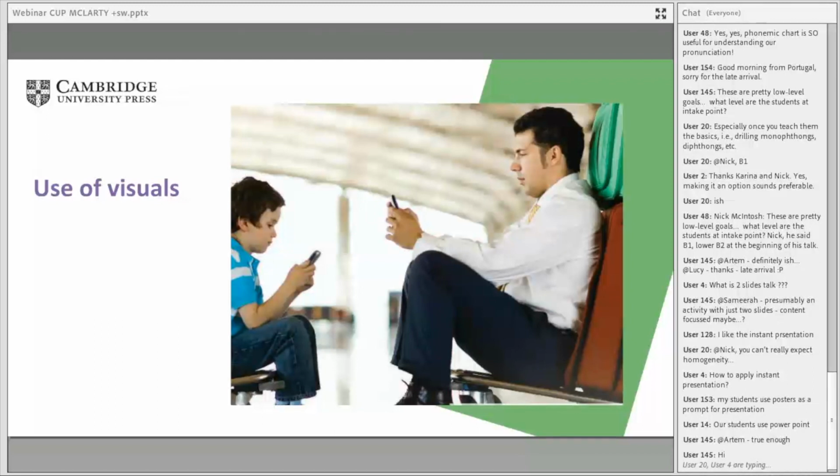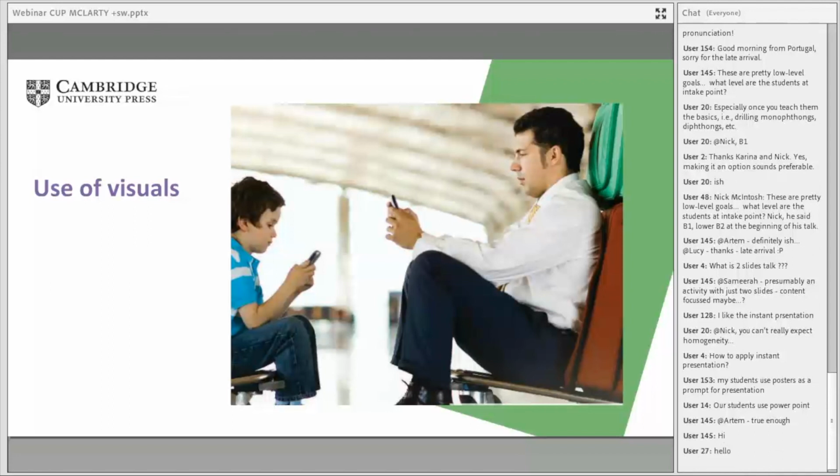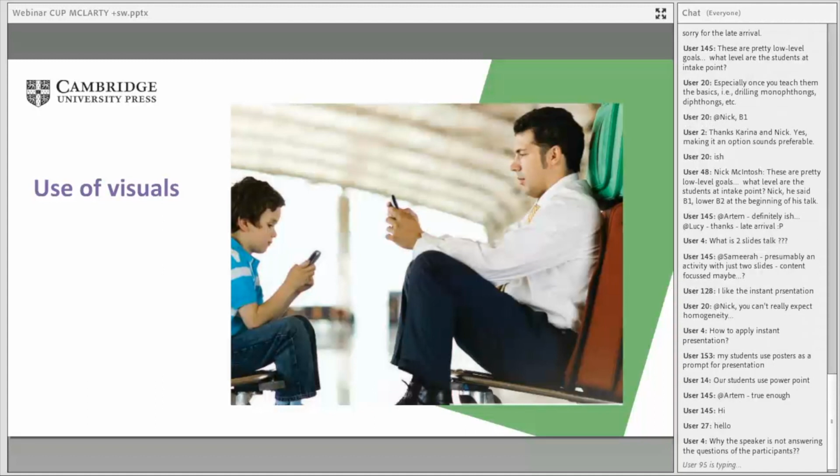Another area which is of use is visuals, and we've been using Empower as our general course book, and we've been combining that with another book for the EAP side of things. And visuals are of great use.